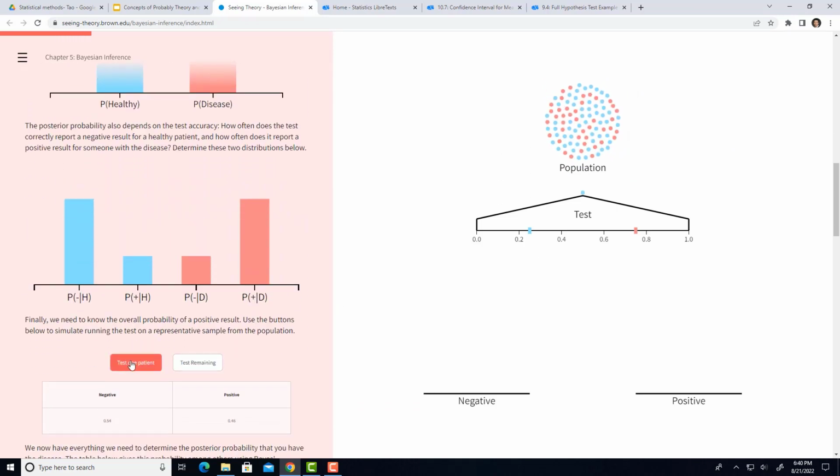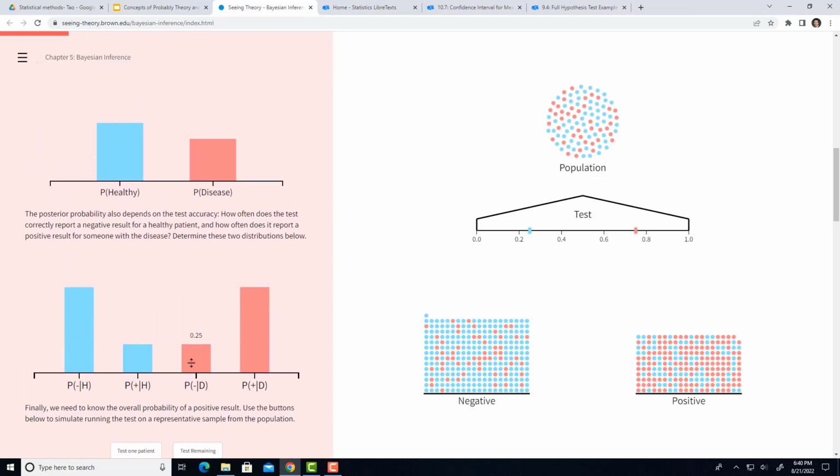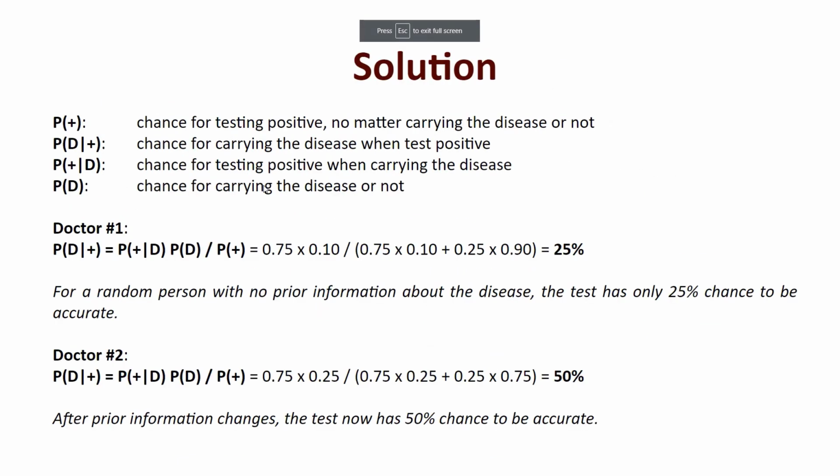You can test one patient, or you can test the remaining. What it does is sample the population and carry out all these tests for you. I'll not go into details for this one, but you can look into that after you figure out why the results are like this. But we'll get back to our problem, and I'll show you why the result looks that way.